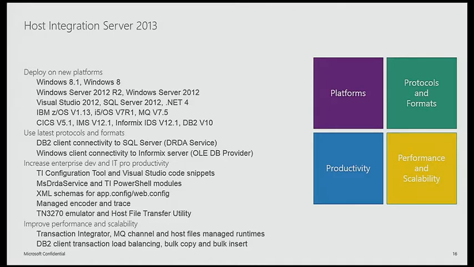And then we also did this cool new thing for migration. It's called the DB2 client connecting to SQL Server, or DRDA service. It's effectively a gateway that sits on the SQL box with an in-memory connection to SQL, or on the network clustered in front of SQL servers, whether the SQL servers themselves are clustered or mirrored.